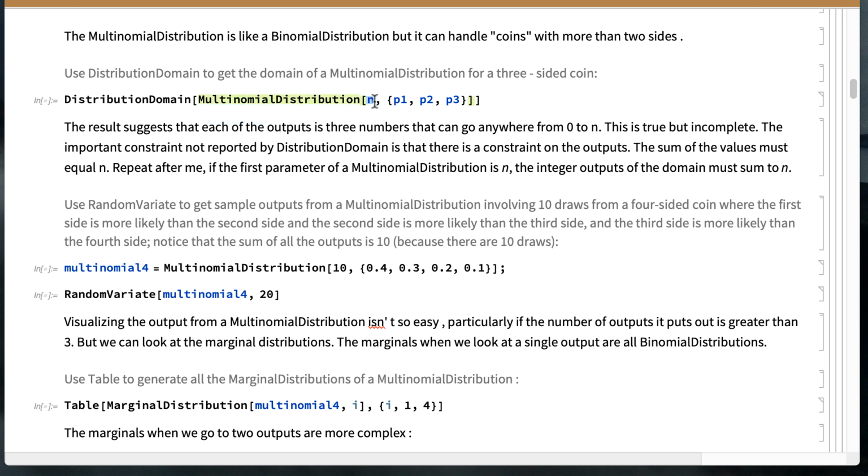The first is the number of rolls or flips of our imaginary coin. And instead of having one number that tells us the number of heads, we have 3 numbers that tell us, in this instance, the probabilities of each of the 3 outcomes that the coin can provide. So these really should sum to 1.